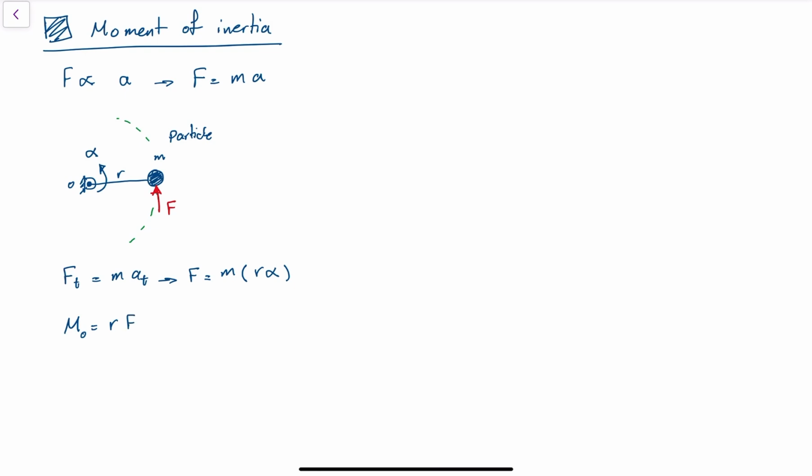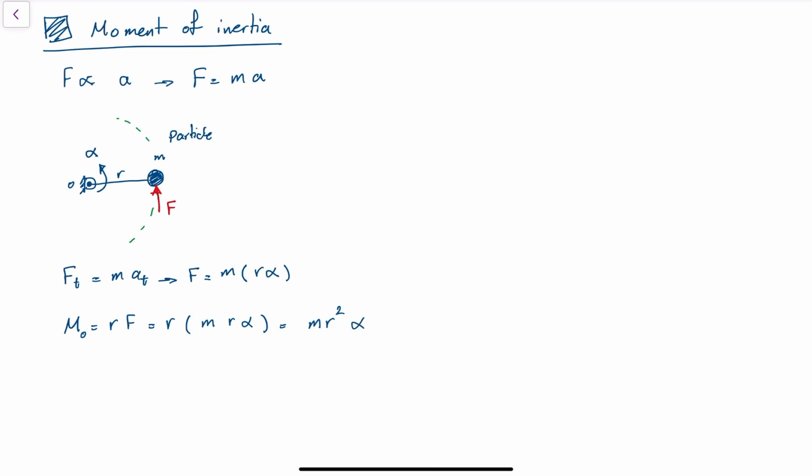Because they are perpendicular, we just multiply the sizes. And I substitute F from above. I write it as m r alpha, and I simplify everything, it becomes m r squared alpha.